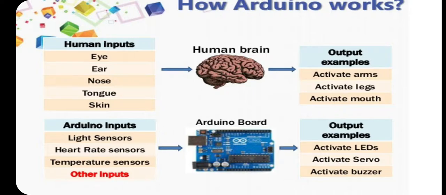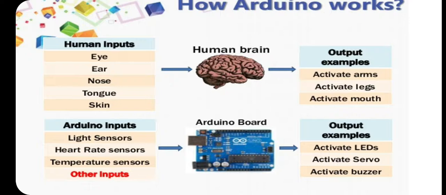Like if someone is shouting at us, what will we do? We will activate our mouth, for example, and reply with something. Or we can activate our arms and legs according to the input we receive. So this is how the human brain works.